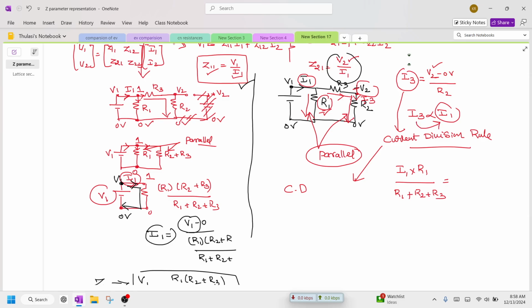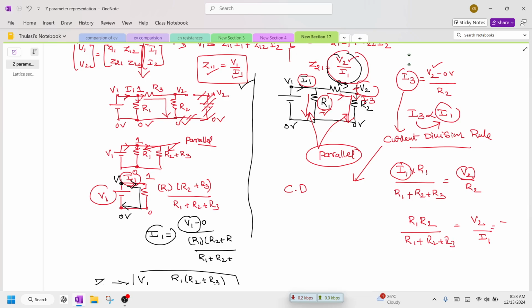So I1 I got, but here I am going to have V2 by R2, but I need the relation of V2 by I1. So how do we write the relation V2 by I1? This is V2 here, this is I1 here. Therefore V2 goes with I1 in the denominator, and the term in the denominator goes to the numerator, which is nothing but R1 R2 divided by R1 plus R2 plus R3.